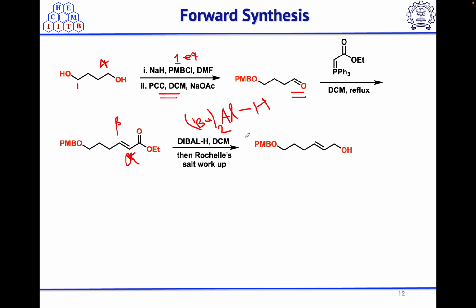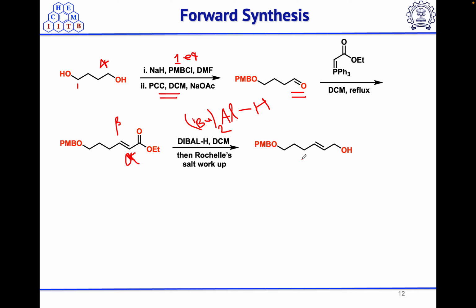From those two clear solutions you can easily separate your product from the reaction mixture. That is why when you are using DIBAL-H in reduction, you have to use Rochelle salt during workup. Rochelle salt will break the emulsions of aluminum, and you will get clear solutions and then you can easily separate your molecule.